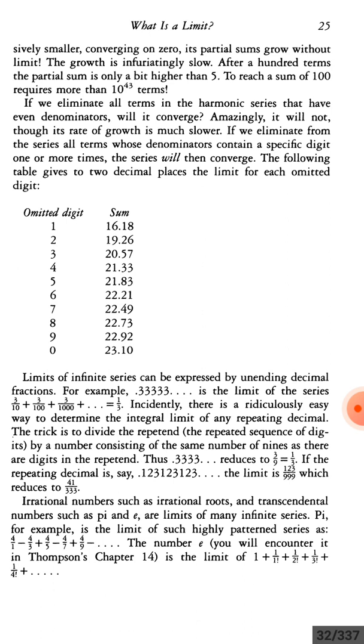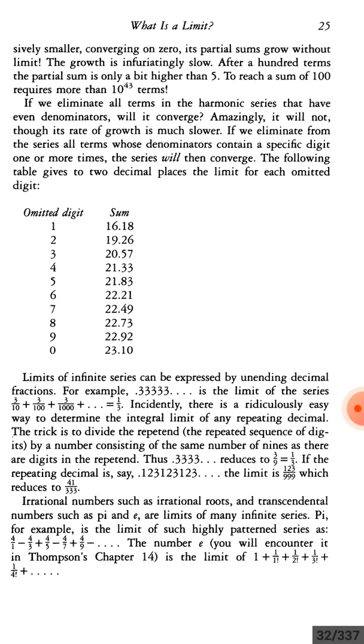If the repeating decimal is 0.123123123 and so on, the limit is 123/999, which reduces to 41/333. Irrational numbers such as irrational roots, and transcendental numbers such as pi and e, are limits of many infinite series.